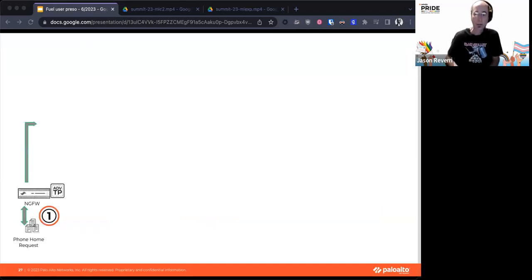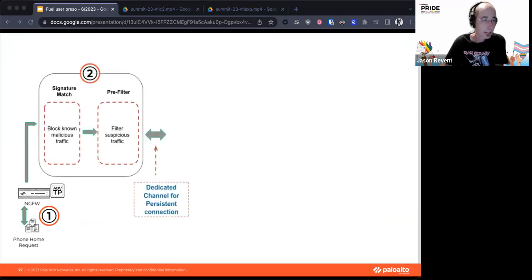So let's look at how this works from a firewall perspective. We have a firewall with advanced threat prevention enabled. A system is reaching out to a command and control system owned by a malicious actor. And if we've seen this before and we have a signature for it, we're just going to block it, right? So that's the first piece that comes into play.